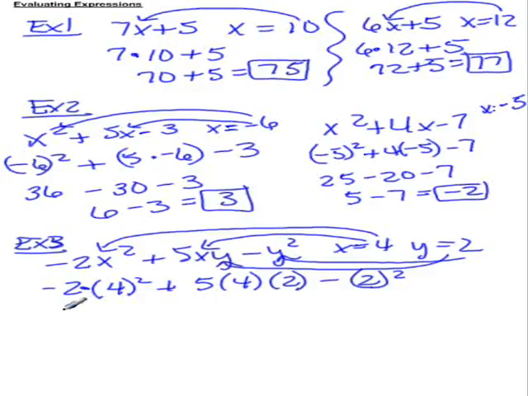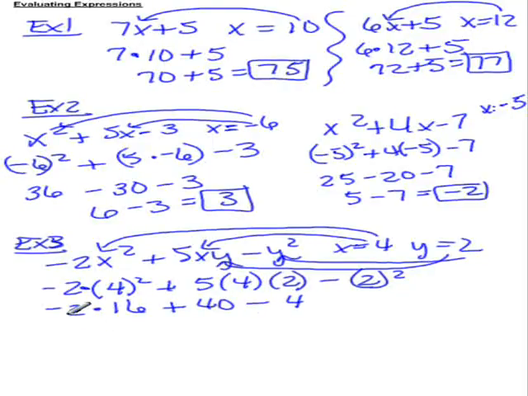Do not forget that. So negative 2 times 16 plus, all of this is multiplication, so we can go ahead and do this. 5 times 4 is 20. 20 times 2 is 40. And then 2 times 2 is 4. Okay, let's keep going across. Now we have some multiplication, some addition, and some subtraction.